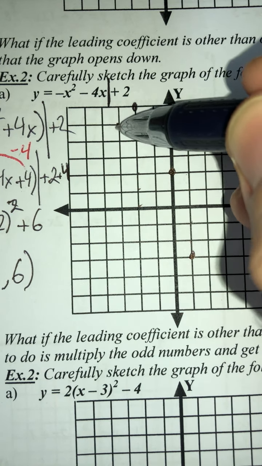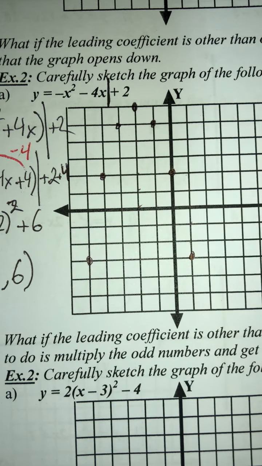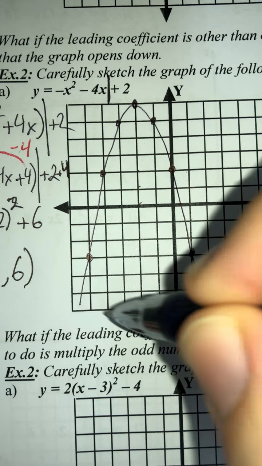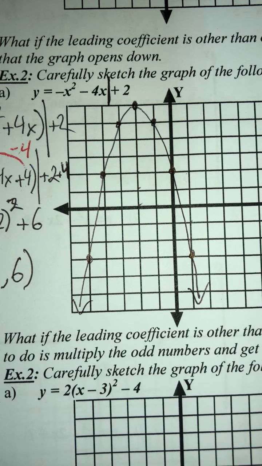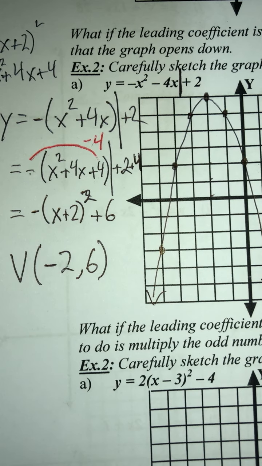So out 1, down 1, out 1, down 3, out 1, down 5. And here is my parabola. And don't forget the arrows. So that is the trick with this, is you need to first factor this out and then solve.